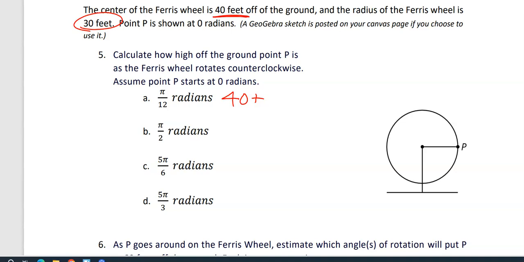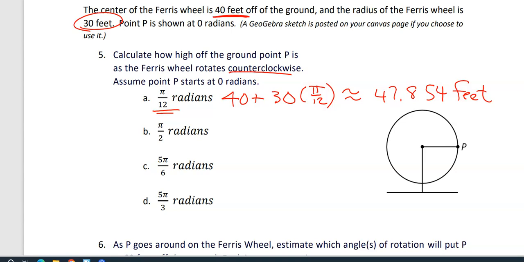But because the radius is 30, it's going to be 30 times that. So since the distance going clockwise is this, and again the radius is 30, we take 30 times pi over 12. So we get an answer that's approximately 47.854 feet.